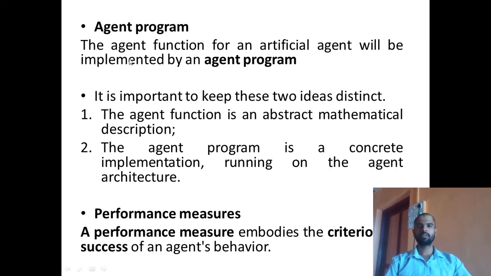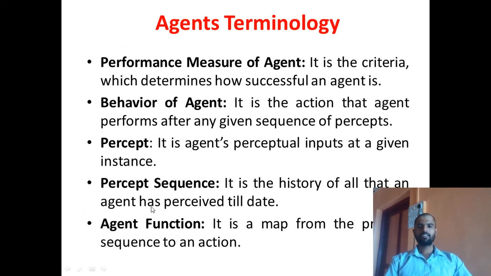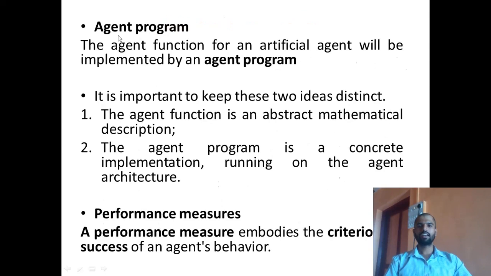The function for an artificial agent will be implemented by the agent program. The basic difference between the agent function and the agent program is that the agent function is an abstract mathematical description, while the agent program is a concrete implementation running on the agent architecture.